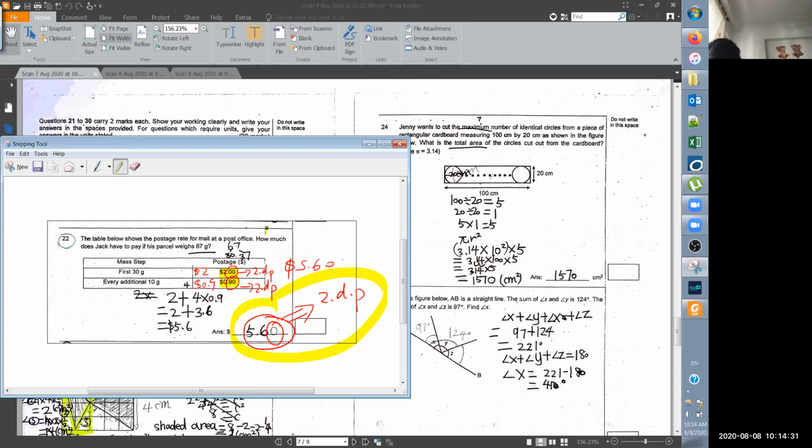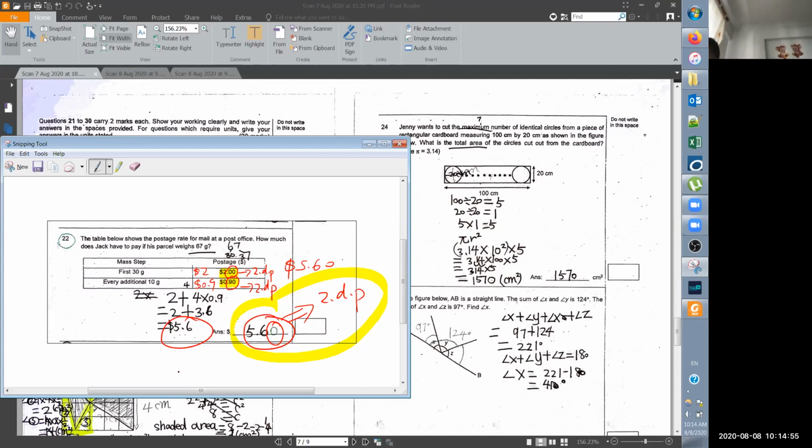Do you get it? I don't want you to make this mistake anymore. Please repeat after me. Dollars must be in 2 decimal places. Go ahead. One more time.